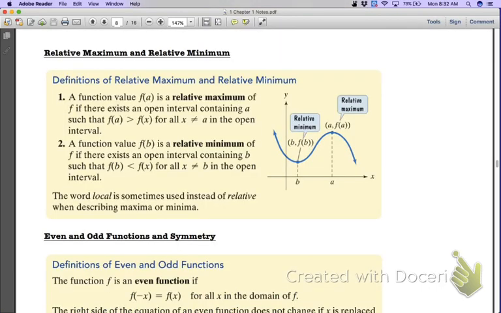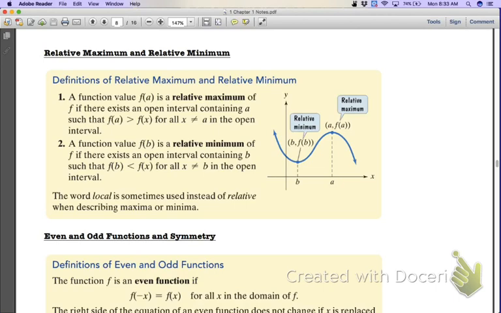Then, like what we talked about before when we dealt with relative maximums and relative minimums, I call them local maximums and local minimums. It's the same thing. Local just means that if a graph is infinite, it's either going to continue to rise, or it's going to continue to fall.